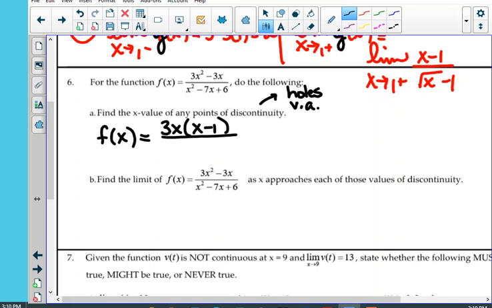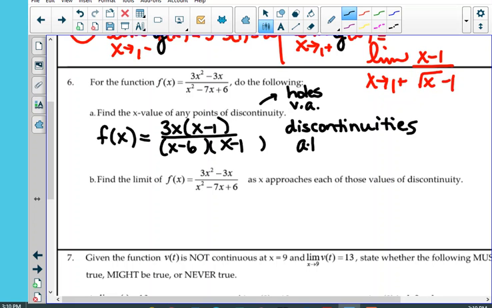You have the numerator, factor out that GCF of 3x. Maybe a little trinomial factoring in the denominator, x minus 6, x minus 1. So it looks like we have discontinuities at x equals 1 and x equals 6. X equals 1, there's a hole. X equals 6, there's a vertical asymptote.